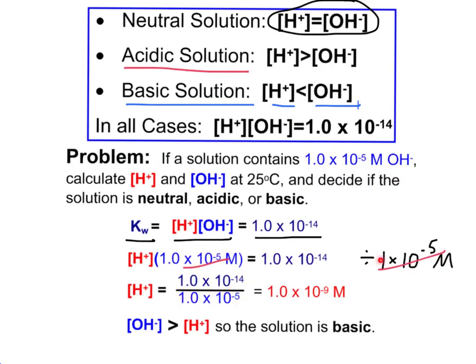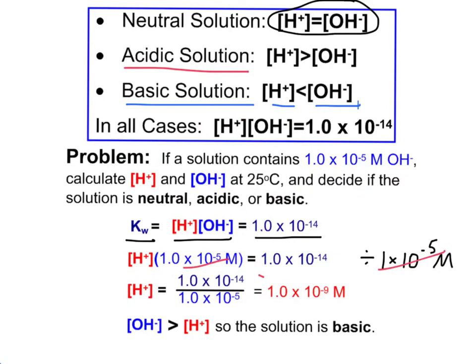Now, just a quick review, when I am dividing exponents like this, 10 to the negative 14th divided by 10 to the negative 5th is the same as 10 to the negative 14th minus a negative 5th, or 10 to the negative 14th plus 5. So it would be 1 times 10 to the negative 9th molar, and that would be my hydrogen ion concentration.